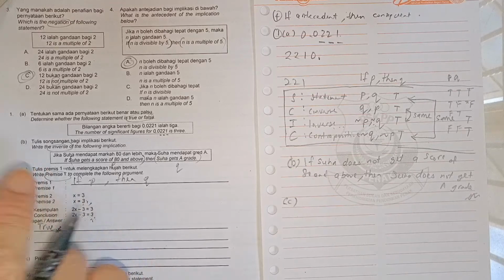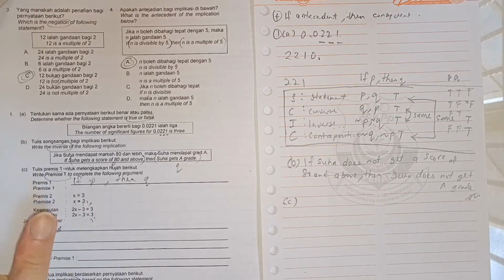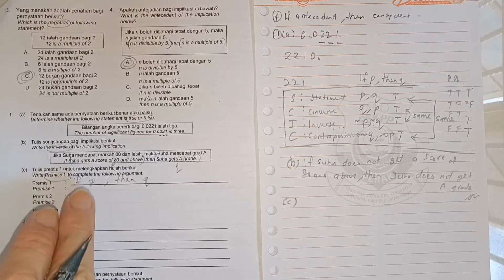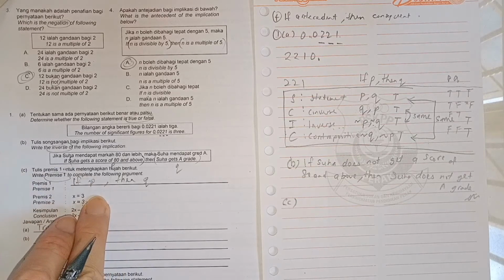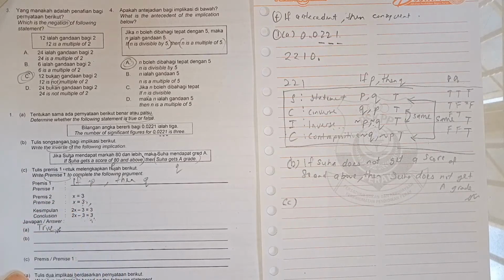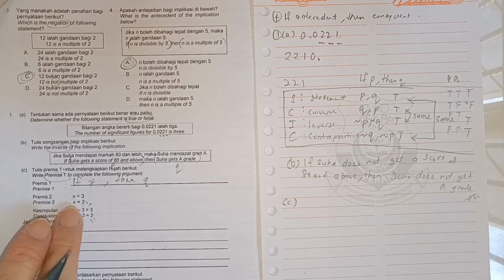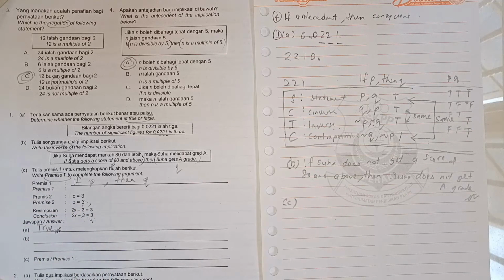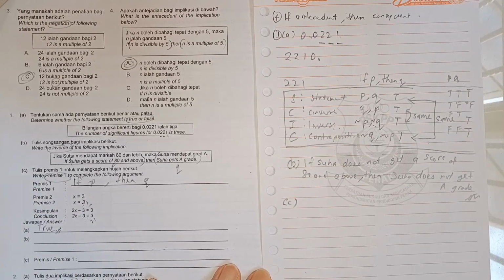But for premise 1 there are two possibilities: either they put if-then or all. If all cannot be used, then you use if-then. If all can be used, and you use if-then first, it's wrong. So you must check whether all is suitable for the situation or not. If all x equal to 3, then 2x minus 3, no, if all x equal to 3 cannot join together, so in the end I have to force to use if-then.